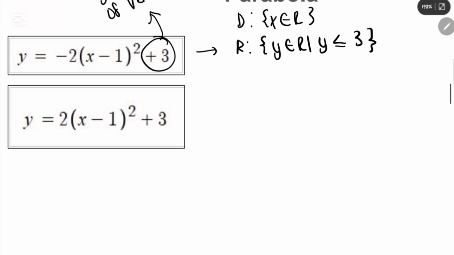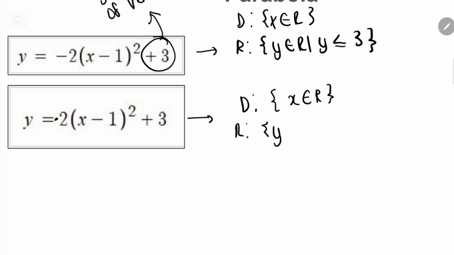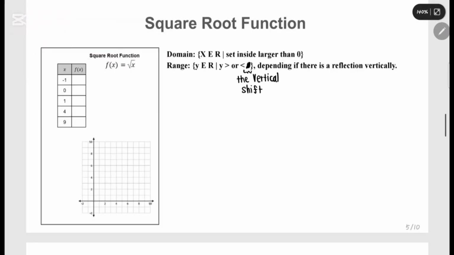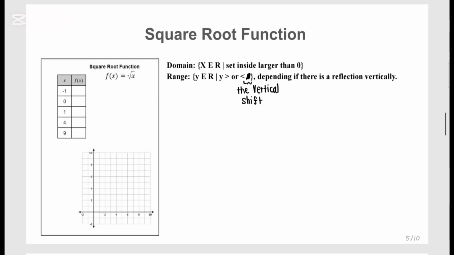Okay, so this one is the same thing, but notice there's no negative here, so it's going to be larger than or equal to 3. Okay, that's your range. There you go.